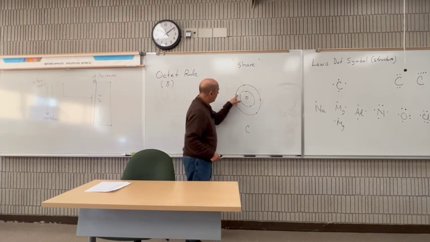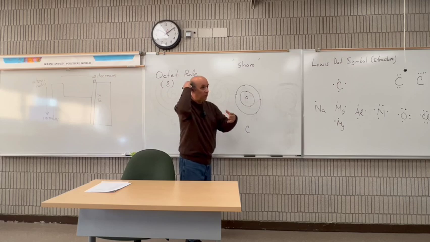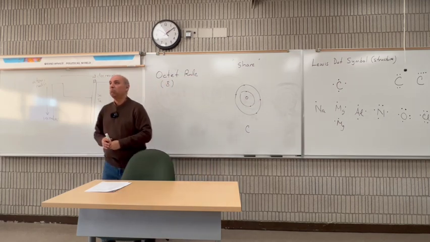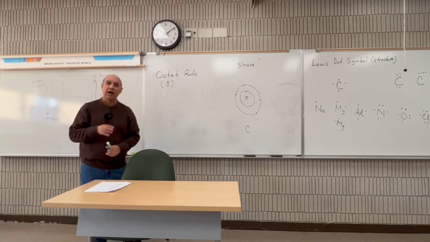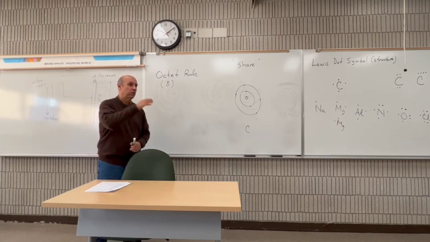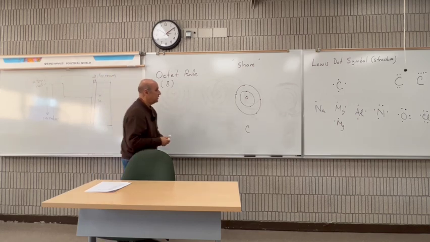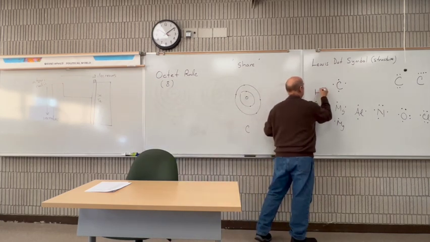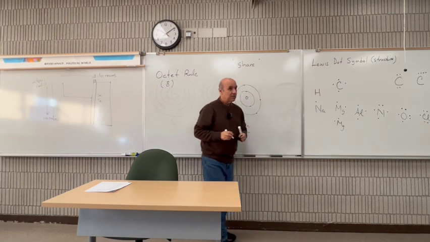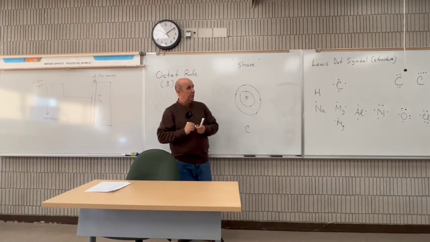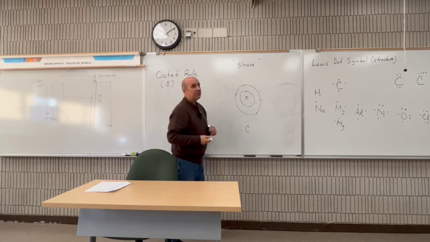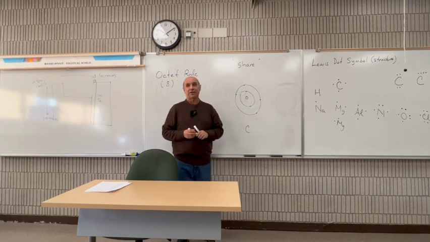Now, I'm going to make it very easy, not for you, but for me, to show you one of the best examples of how carbon can share electrons with other atoms. And for that, I'm going to add one more element here that we haven't talked about. Now, hydrogen is a little bit different from everything else that we have said because hydrogen doesn't obey the octet rule.